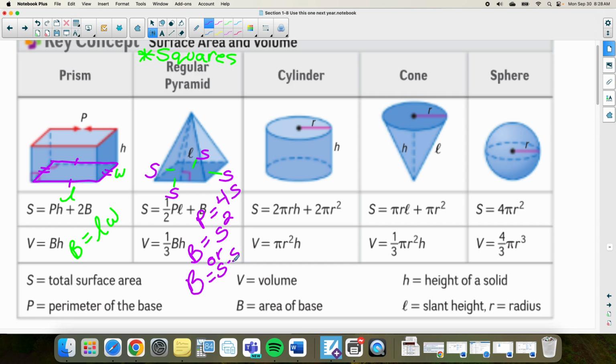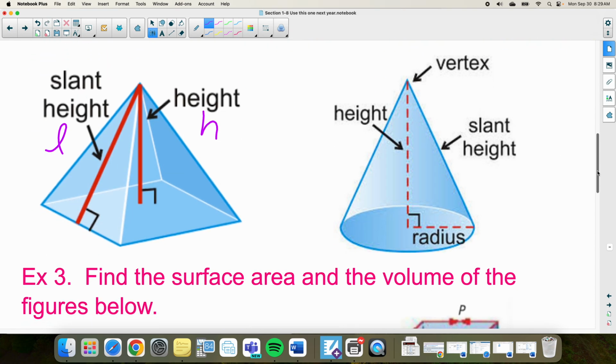All right. Then when we do a cylinder, you need the radius and the height. And I was saying on Friday that these might look a little intimidating to you, but I think you're gonna find it's much easier. You're just substituting in and putting it into your calculator. A cone again has a straight up and down height that is perpendicular, and then it has a slanted height that is your L. So you can see it down here on this.